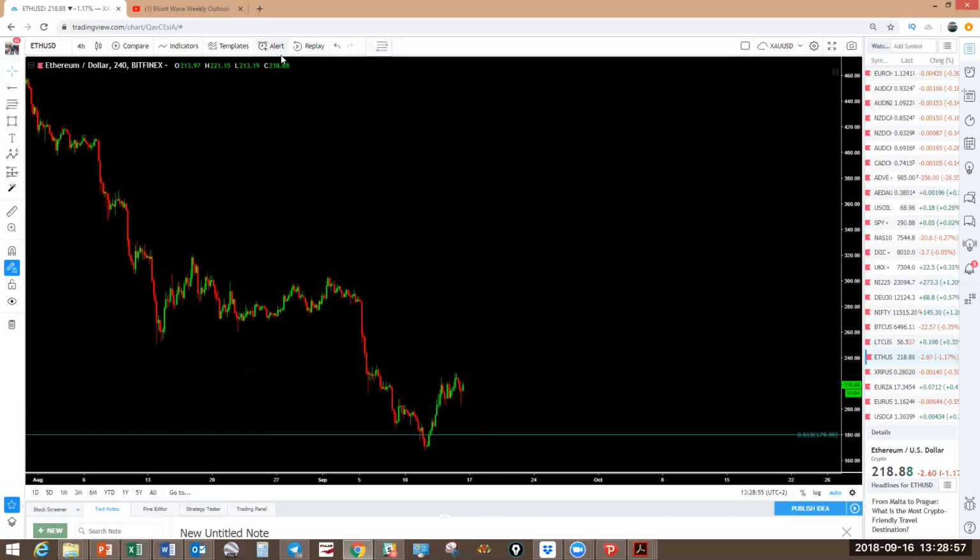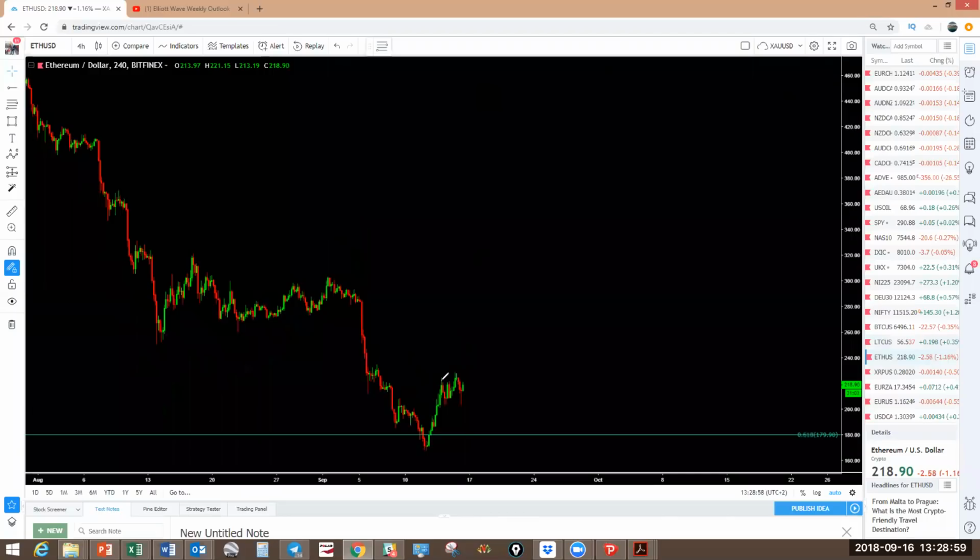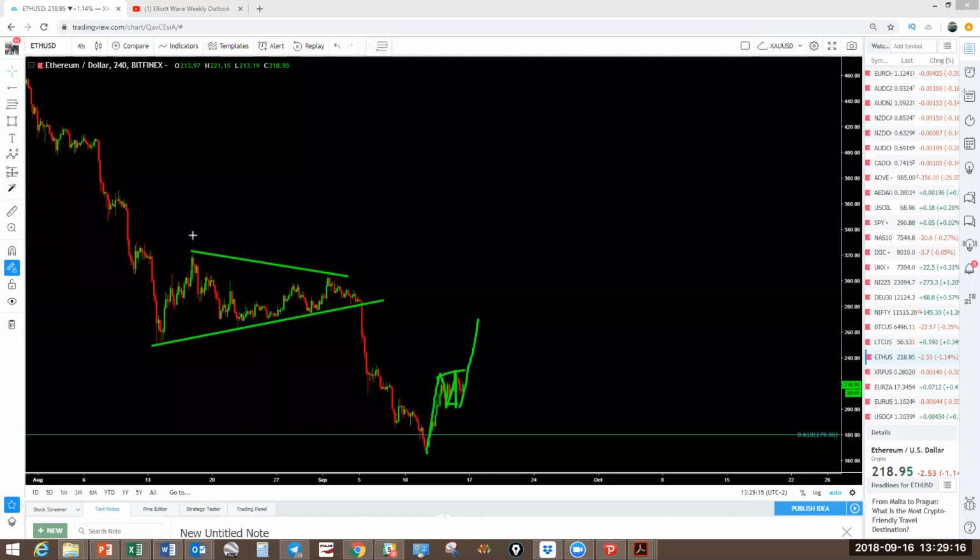Ethereum. All right, Ethereum, similar. We've got a pulsing move. We've got this corrective structure that looks like a regular flat, and we'll be looking to take it up for at least a move, that size move. Okay, so we had a triangle there, 1, 2, 3, 1, 2, 3, 4, 5.